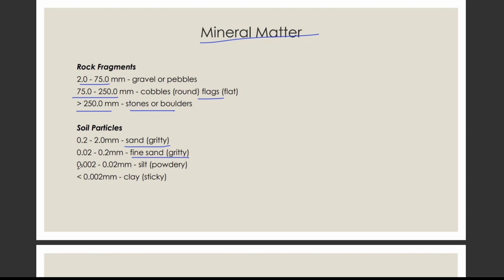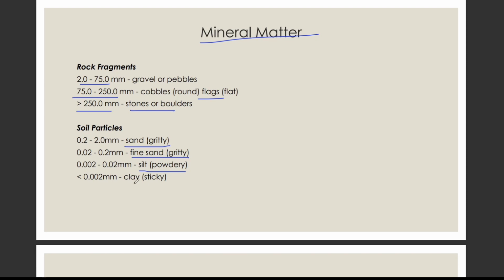If the size is around 0.002 to 0.02 millimeter, that will be called silt. And silt is a powdery substance. If we touch it, we feel like it is powder, the softest mineral.